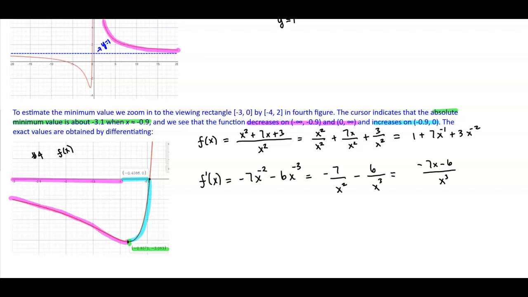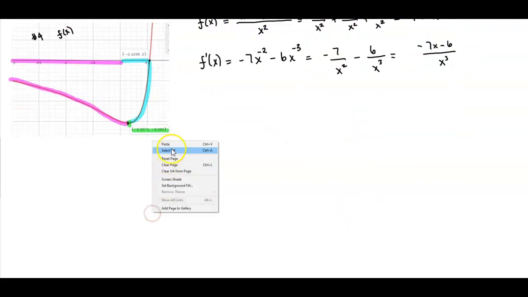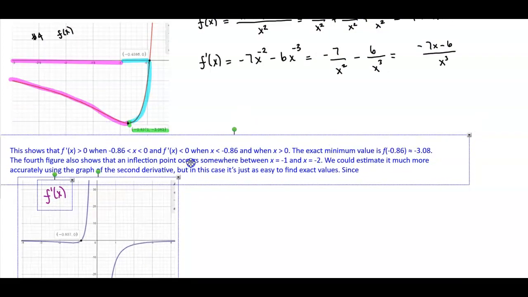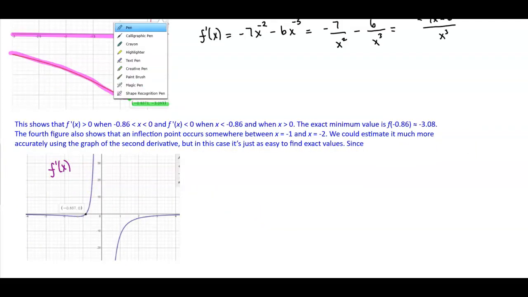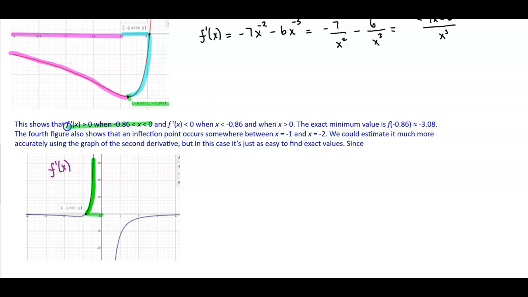Okay, so let's go ahead and graph that. When we graph that function, we can see here the first derivative. And what do we notice? The first derivative is going to be greater than 0 when x is between -0.86 and 0. So in between here and here, we see that it is greater than 0.